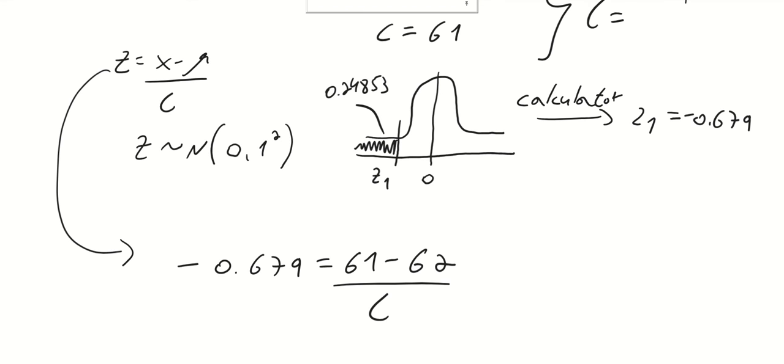So I will use the calculator to extract sigma from this equation, and I get 1.4727, and this is the answer for D.